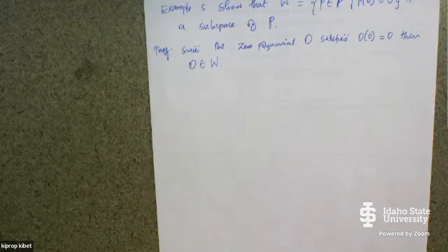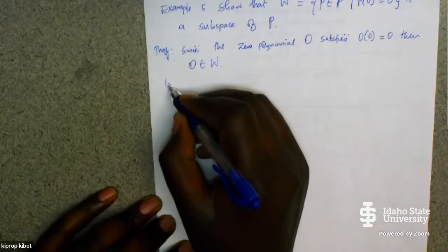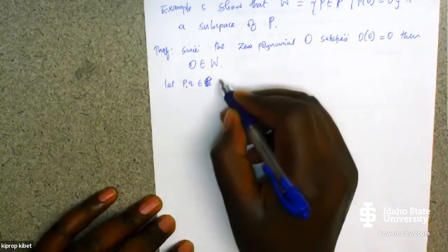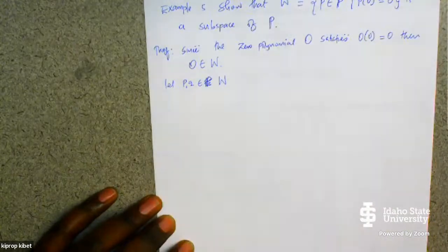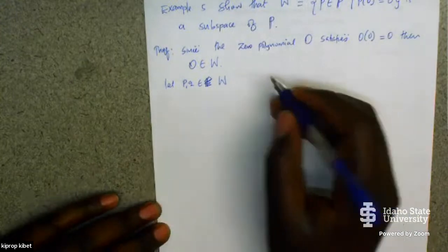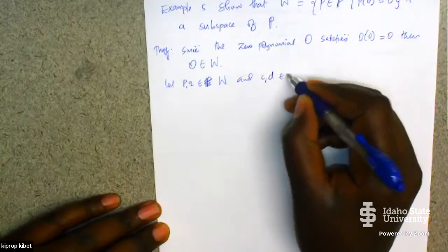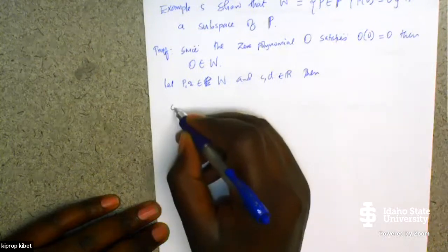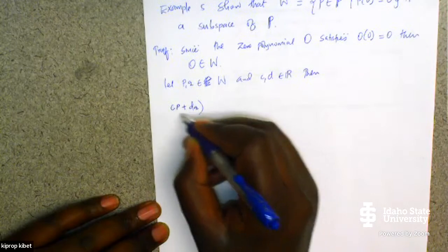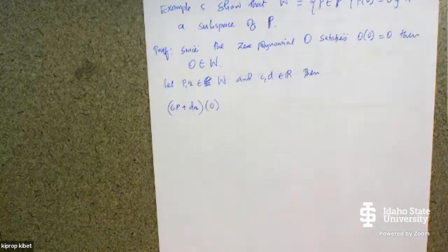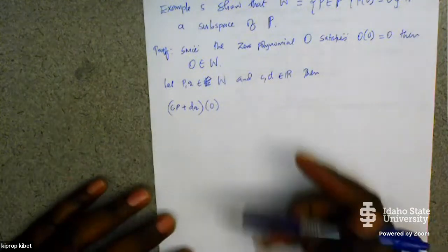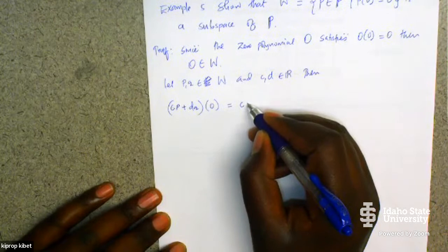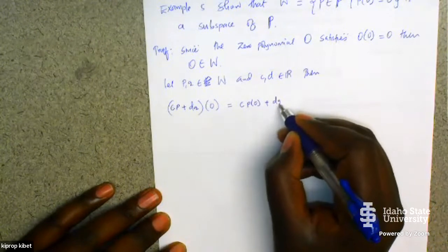The second one, the subspace test: if we let P and Q be elements of W, and C and D be elements of the real numbers, then CP plus DQ of 0, you can distribute the 0 inside, is the same as CP of 0 plus DQ of 0.